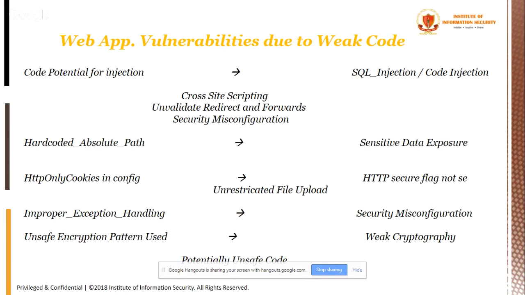But what will happen if we try to tamper with that area, if I try to edit the address of it? That is called an unvalidated redirect and forward. What mitigation do we provide for that? We have to whitelist all the legitimate addresses to which you want to send your user. That is again a mitigation we provide at the code level as well.